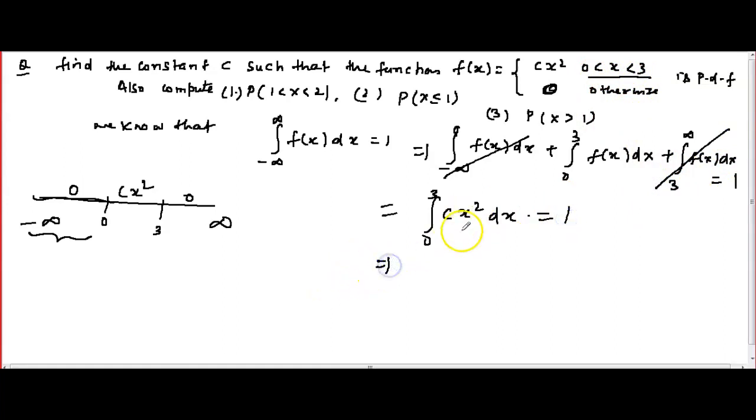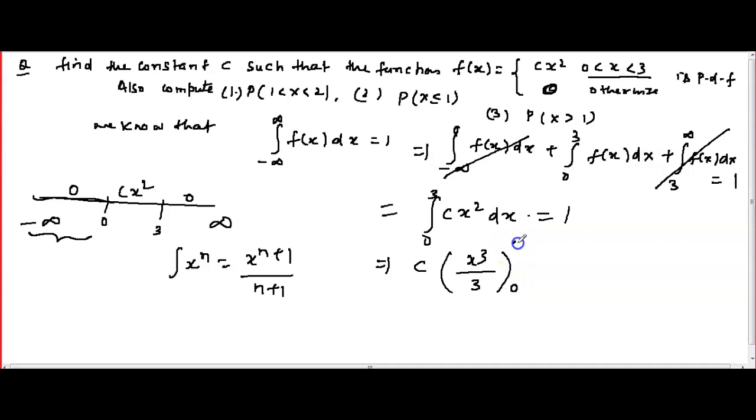So you can integrate this. c is the constant, and the integration of x square you already know: x to the power n plus 1 by n plus 1. So you can write x power 3 by 3, from 0 to 3, is equal to 1. Take the constant c by 3 outside and substitute upper minus lower.